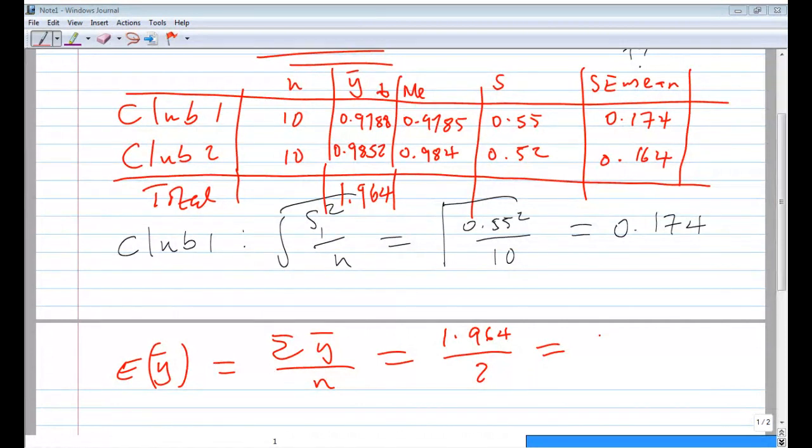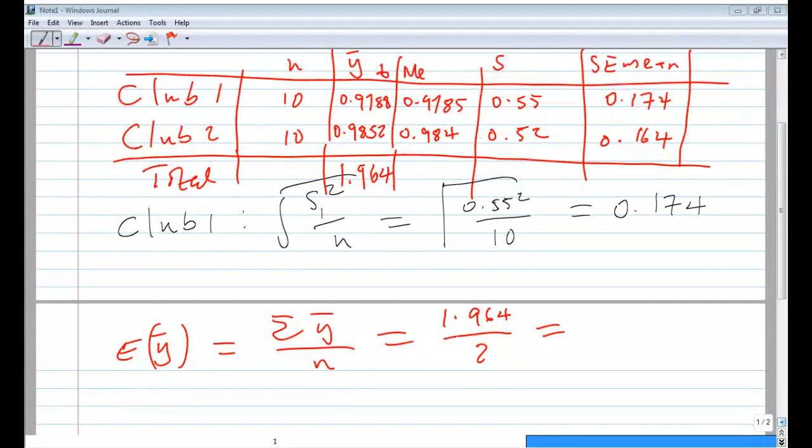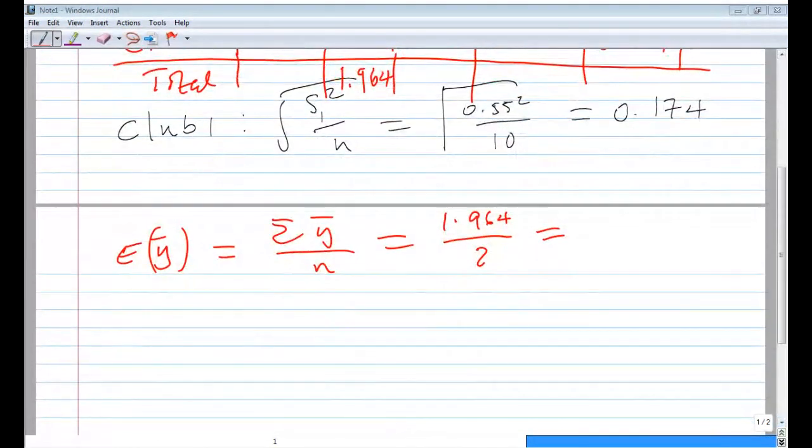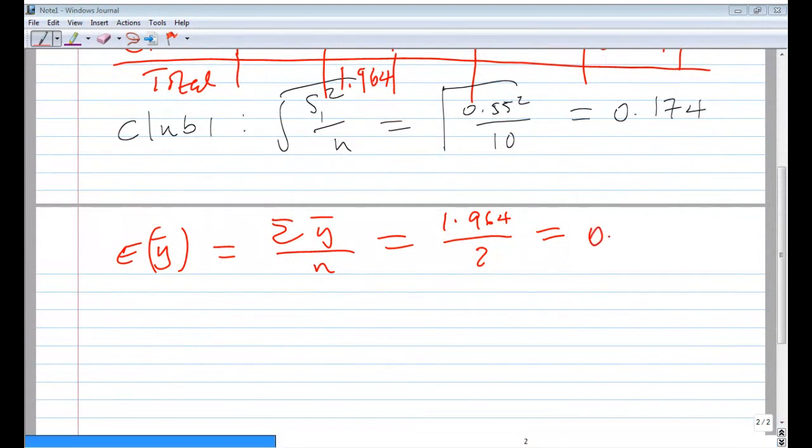So what is the answer? 0.982. That is the mean of a simple mean, okay?